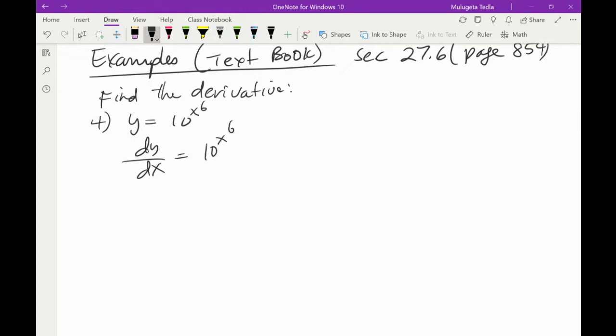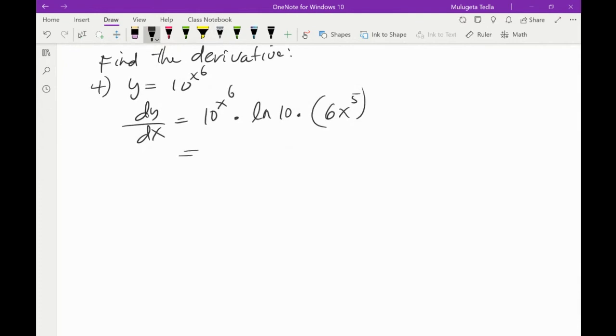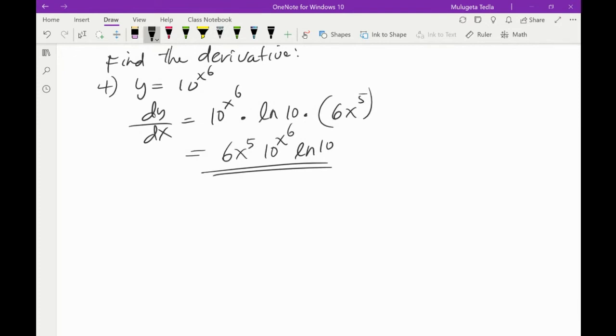That's the procedure of the derivative: times ln of the base, times the derivative of the exponent. So this is 6x to the 5, 10 to the power of x to the 6, ln 10. That is a good answer. You can leave it like that. We don't have to change ln 10, but we can find ln 10 as a number on a calculator.